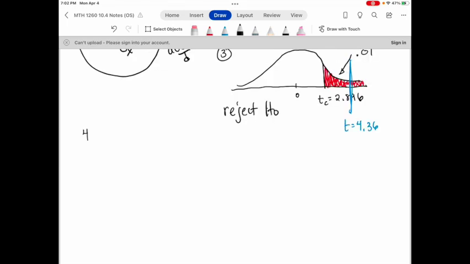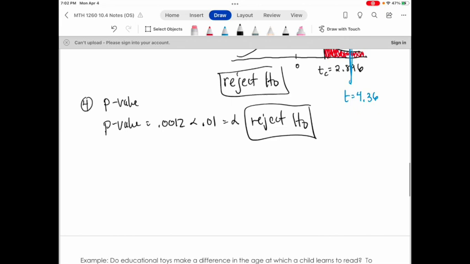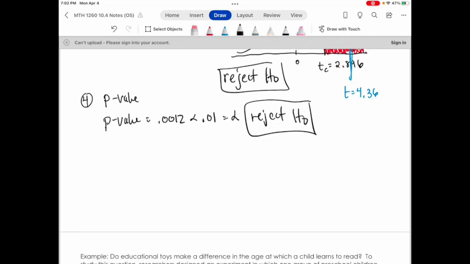Okay, step 4 is using the p-value. So for our p-value, we got 0.0012, and that's definitely less than 0.01. And whenever the p-value is less than your alpha level, we say reject the null hypothesis. So we got reject for both steps. That tells us we're on the right track. So now I have to write out my conclusion.